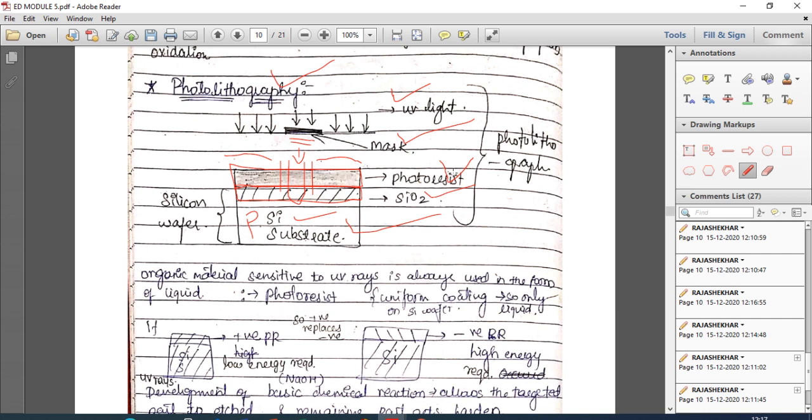Hope you guys got about photoresist, two types: positive photoresist and negative. In that, positive photoresist has a polarity pattern similar to the silicon substrate, and negative is opposite. This photoresist is always available in liquid form, and it is very sensitive to light.